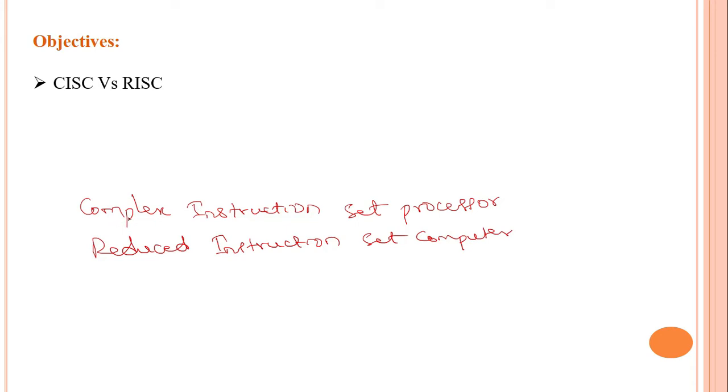See, as the name indicates, the CISC processor has complex instructions, and the RISC processor has reduced instructions. It has a smaller number of instructions. Those instructions are very simple. That is the meaning of the RISC processor.